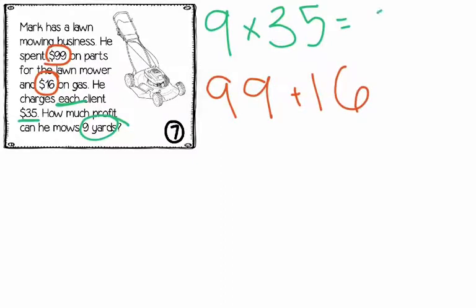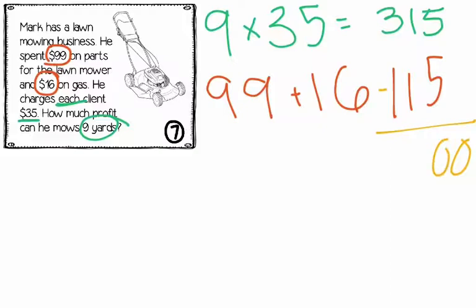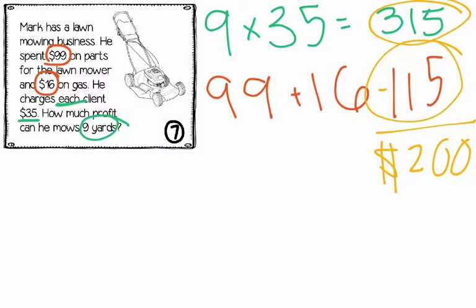So our income is $315, and our expenses were $115. Now I need to subtract them. And the profit is $200 because we did 315 take away 115 is 200.